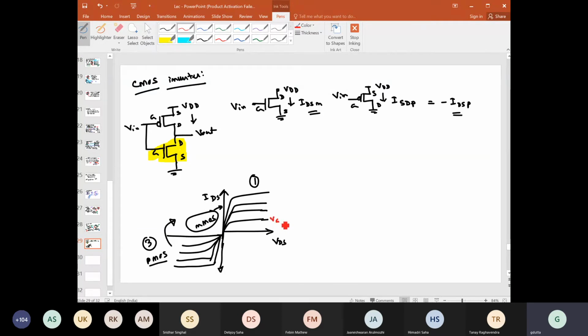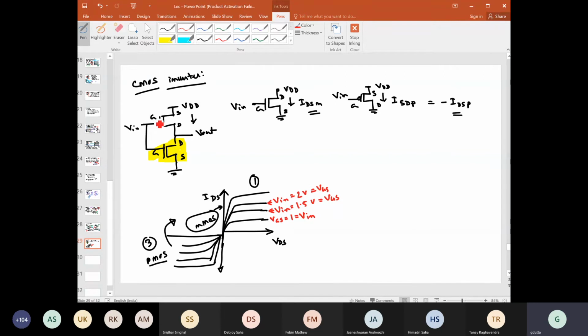So maybe say this is VGS equal to 1 volt, and for this NMOS VGS is nothing but V in. So this is V in equal to 1 volt, here V in equal to suppose 1.5 volt, and this is V in equal to suppose 2 volt, right? Like this.